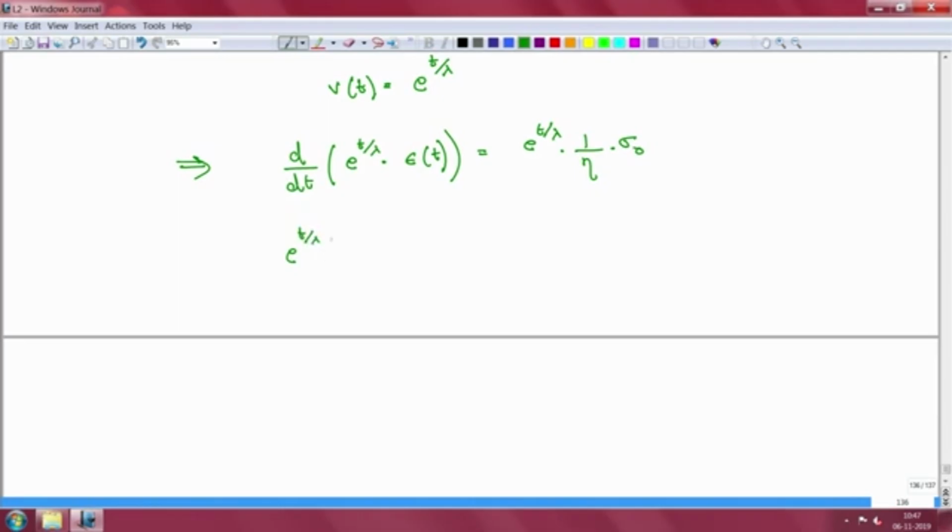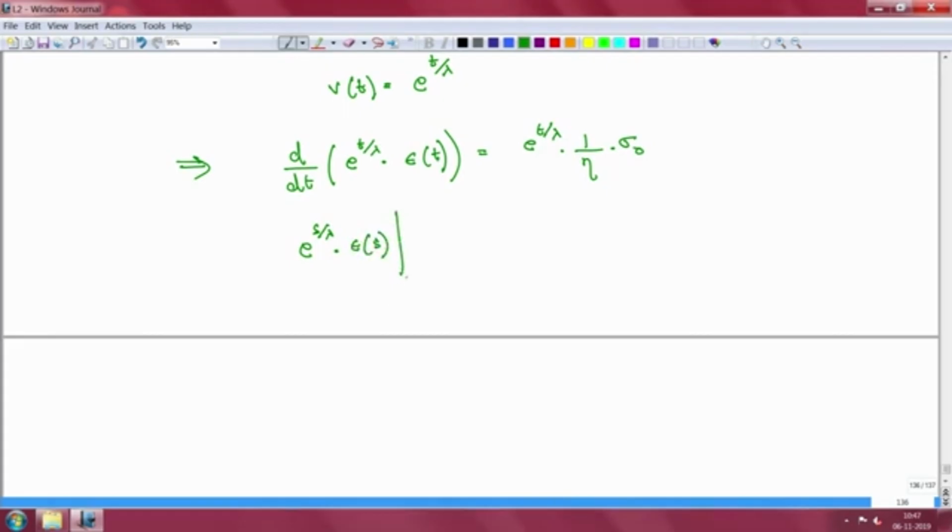I will just use some other variable, because you already have e to the power s by lambda into epsilon s.